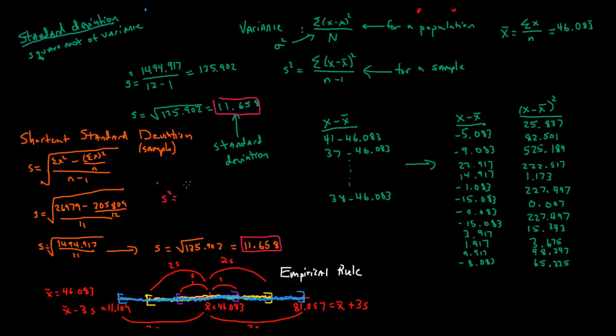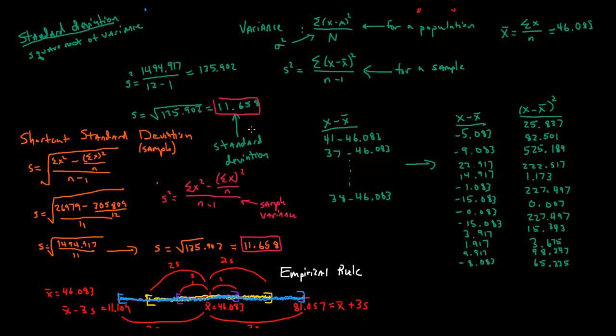So that equals the sum of the x squareds minus the sum of the x's squared over n, all over n minus 1. To go from the standard deviation to the variance, just square both sides of the equation. So you have the variance, which is s squared, equals everything that was on the right hand side without that square root sign. So again, that is sample variance.